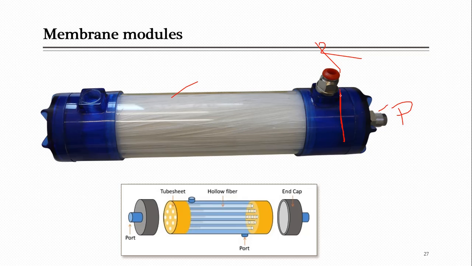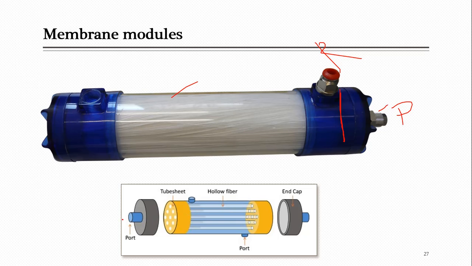Because if you don't install any tube sheet on this end, this permeate and retentate will be mixed again. But there is a tube sheet which separates the retentate or concentrate from the permeate, which is collected here. On the other hand, in this diagram, overall this is quite similar to a shell and tube heat exchanger, in which you have two inlets and two outlets.